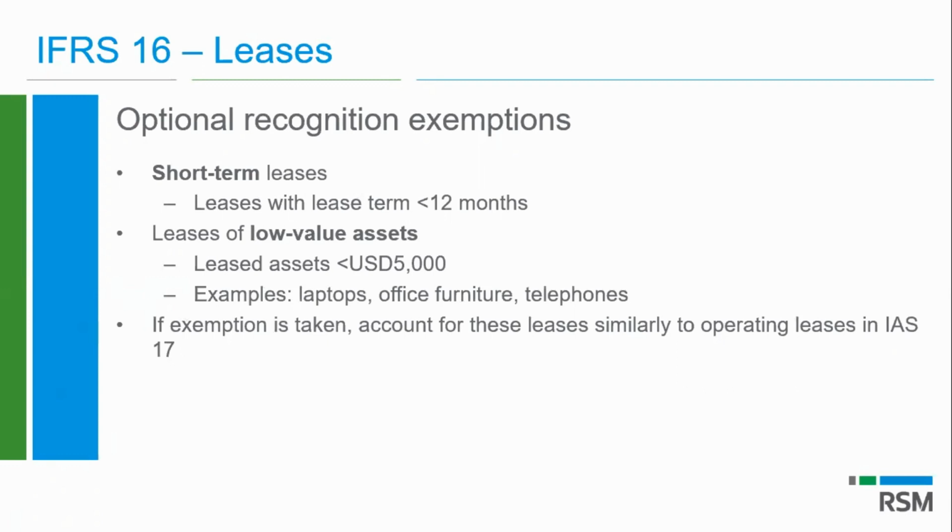So it's not that simple, and we need to apply those principles in determining the lease term. These exemptions are for genuine leases where you need something for a short period for a specific purpose and you're not going to keep it long term. Those are the two optional recognition exemptions. They are optional, not compulsory, but I would assume a lot of people take them up.